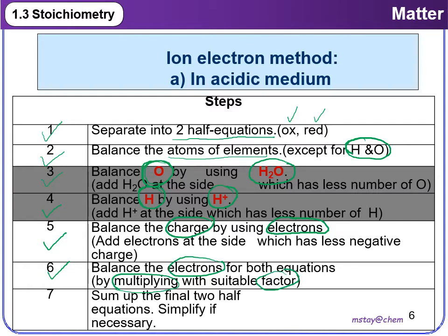And last, total up the two half equations. So these are the 7 steps. You are advised to pause this video and try to recall these 7 steps again before we go into the example.